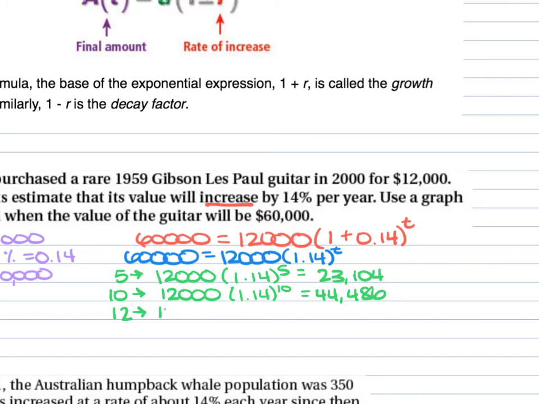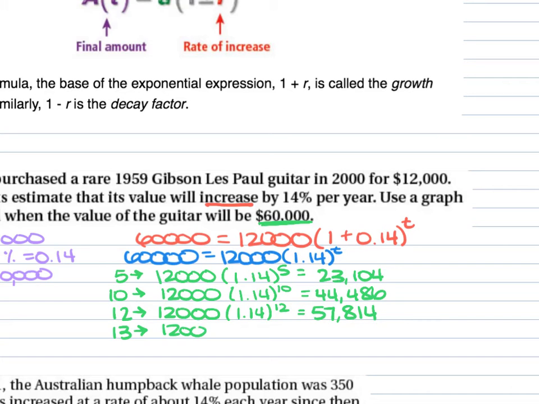So I'm going to try 12,000 times 1.14 to the power of 12, which ends up giving me 57,814. That's closer, but I want to be at 60,000. That 60,000 is what I want. So I'm going to try 13.